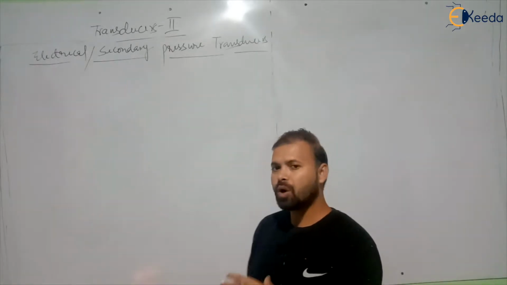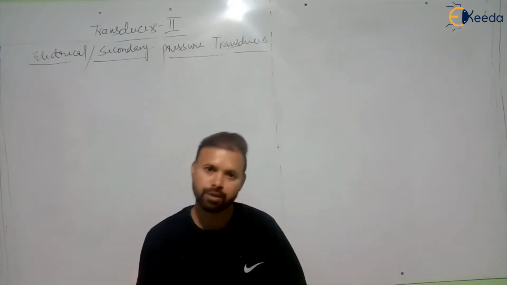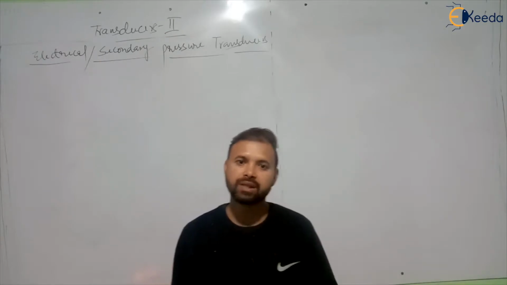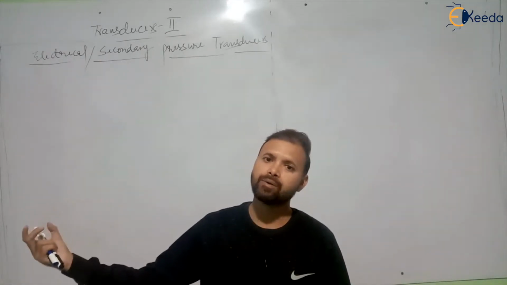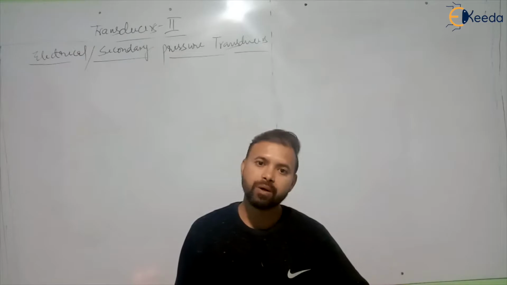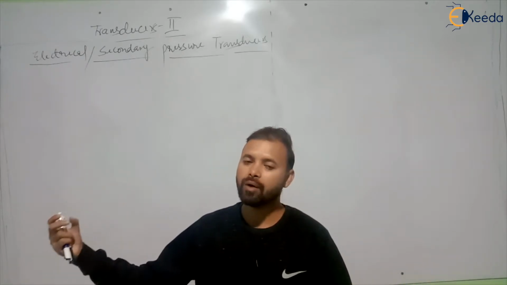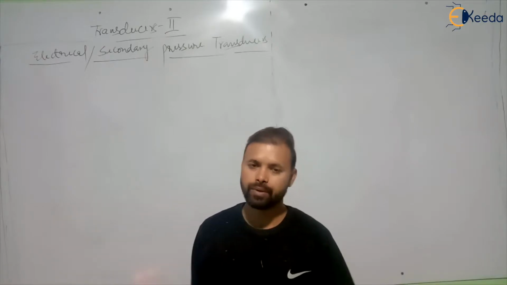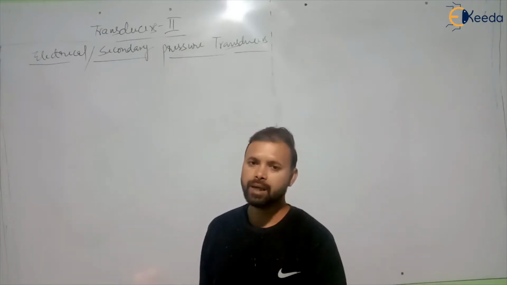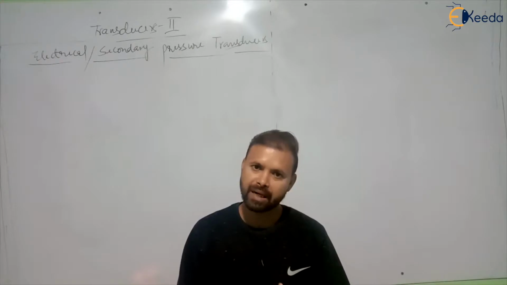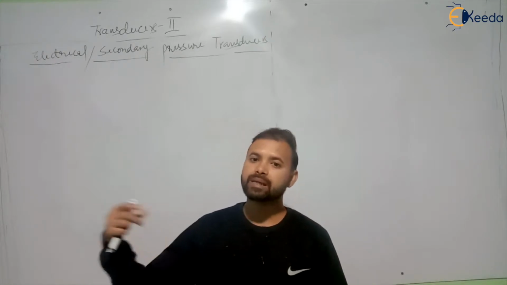Electrical transducers or secondary transducers are those transducers which give output as an electrical quantity. The input will be of mechanical type and the output of secondary transducers will be of electrical type like voltage or current. So these quantities, current or voltage, can be transmitted.